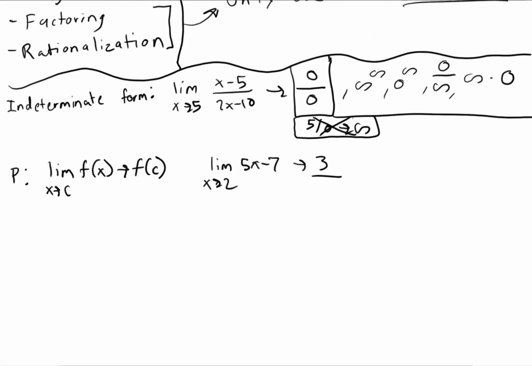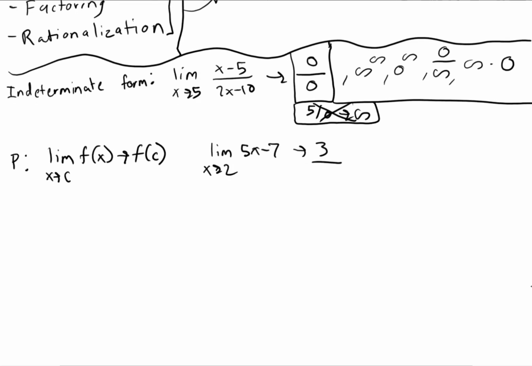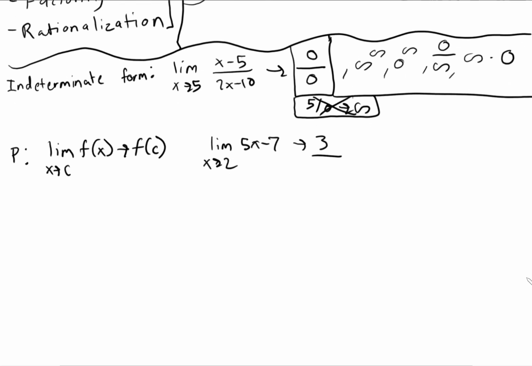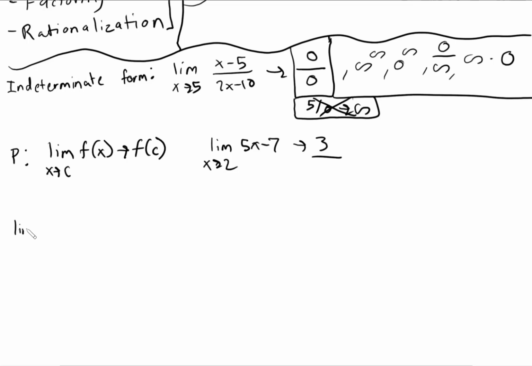That's plugging it in. But in the case of an indeterminate form, we could do things like factoring or rationalizing. Now let's say we have the limit of x squared plus 5x plus 4 over x squared plus 6x plus 8. Sorry, not as x approaches 0, but what is the value of this limit as x approaches negative 4?